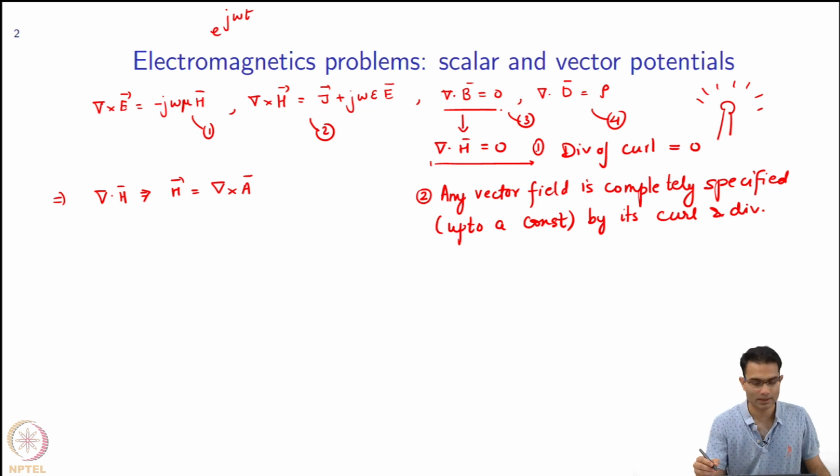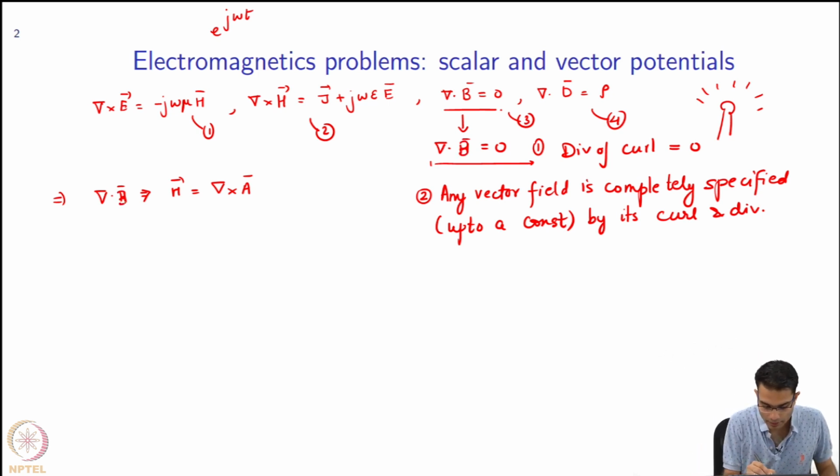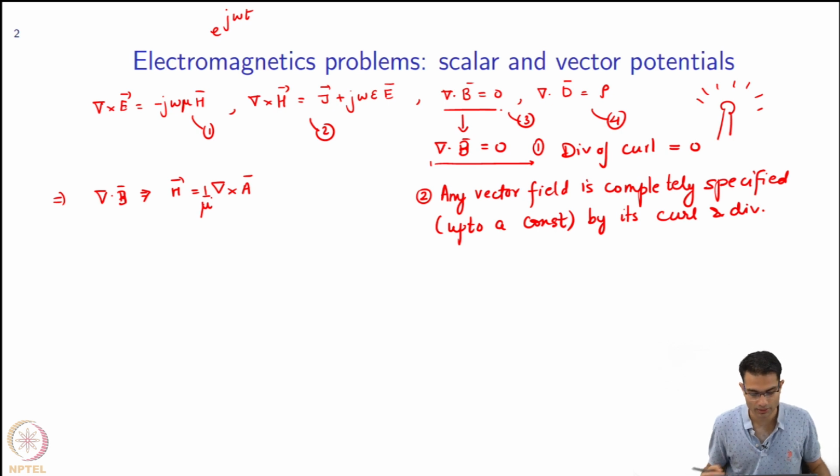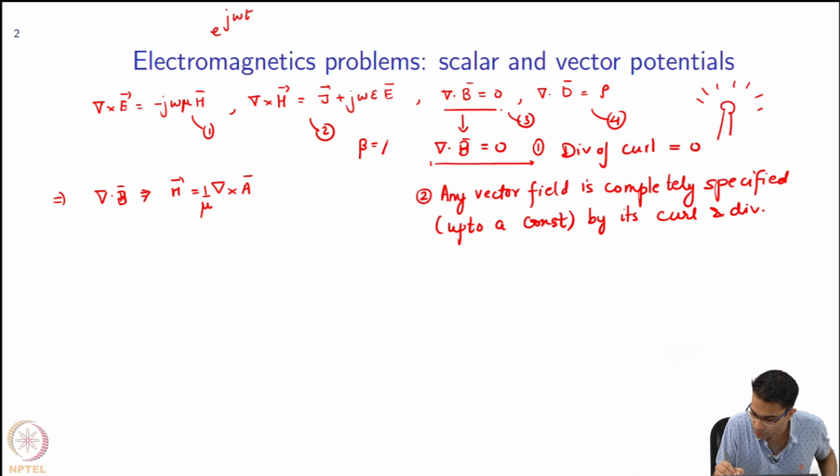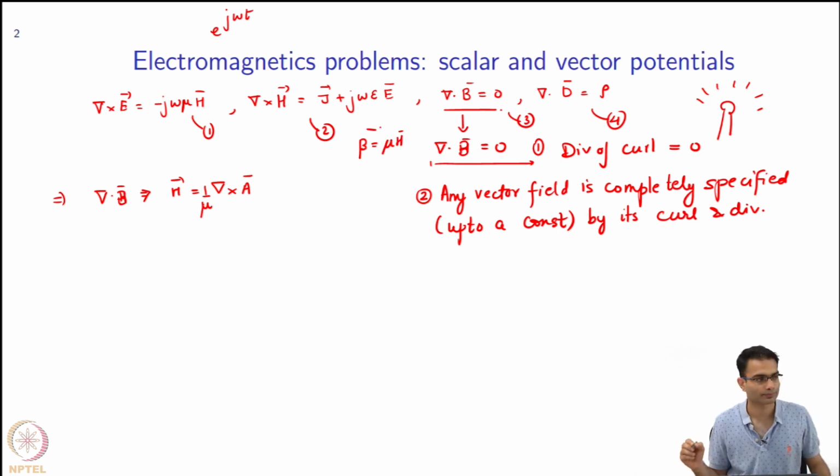Why make this special case? Let's keep this as B is equal to curl of A itself, and all we have to do is this. Okay. So then I don't have to make any special case that mu is magnetic, not magnetic, whatever, right. So this is right, because B is equal to mu H.